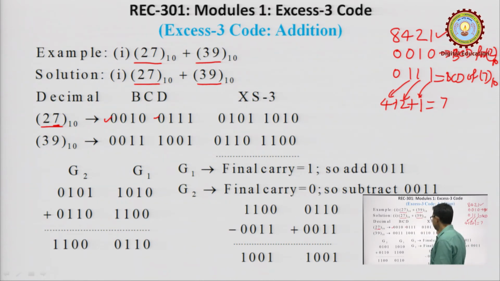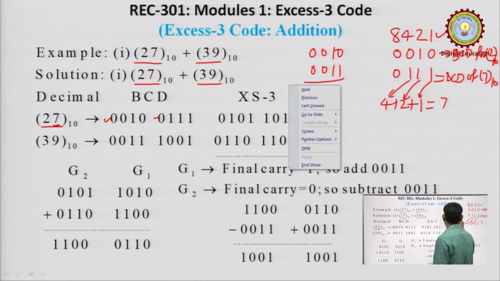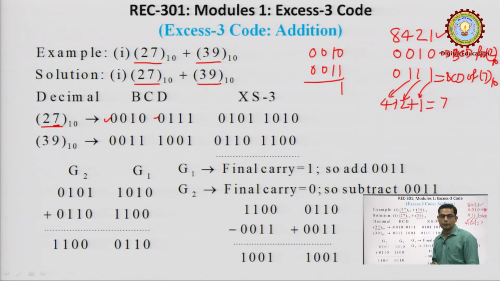To get the XS3 code, what do we have to do? We have to add the binary equivalent of 3 to both digits. So, if we add the binary code of 3 to 0010, we add 0011, then 1 plus 0 is equal to 1, 1 plus 0 is equal to 1, 1 plus 1, the sum will be 0 and carry will be 1, and then 0.